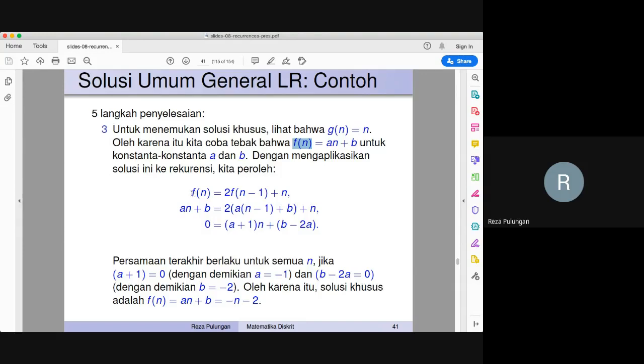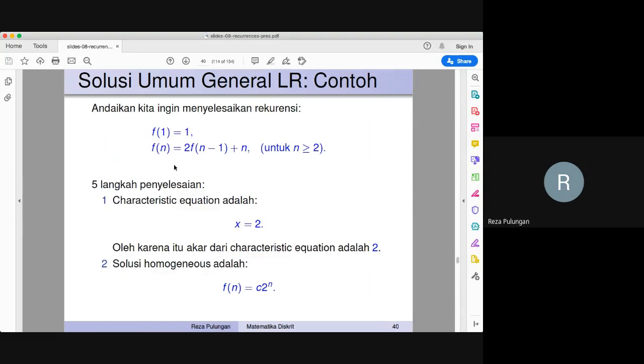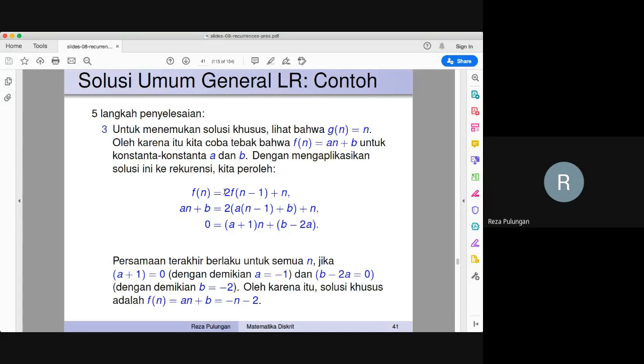Take the main recurrence. Fn is equal to 2 Fn minus 1 plus n. We know this. What do we have to do next? Well, we know that Fn is equal to An plus B, so you just replace it.